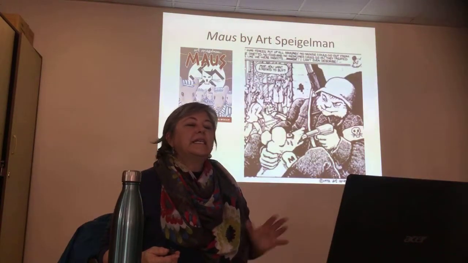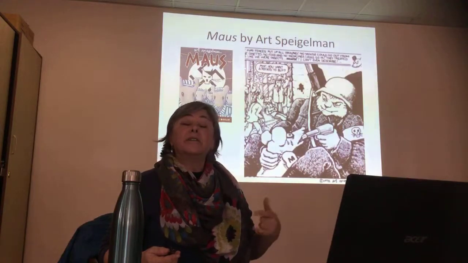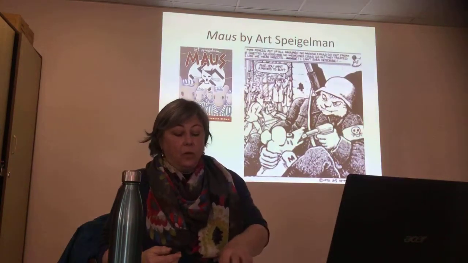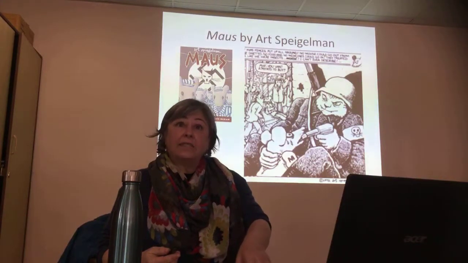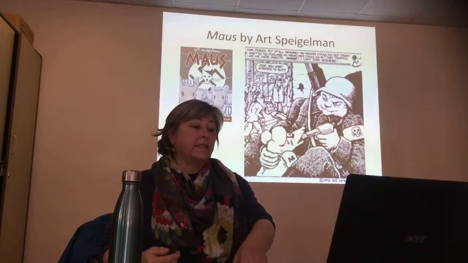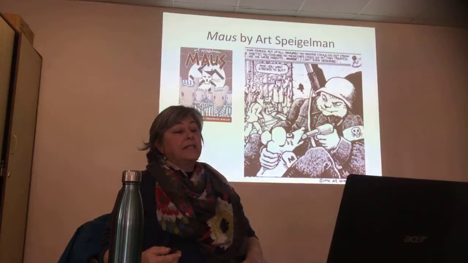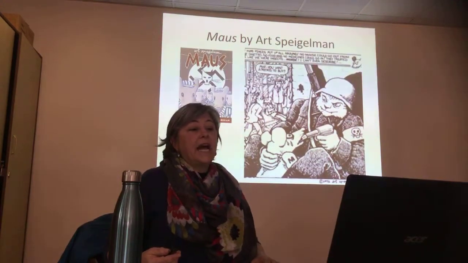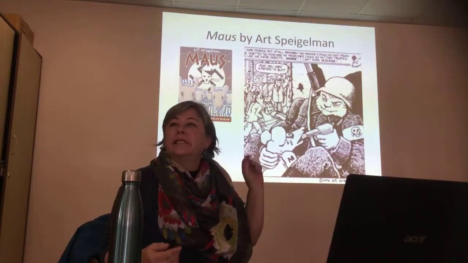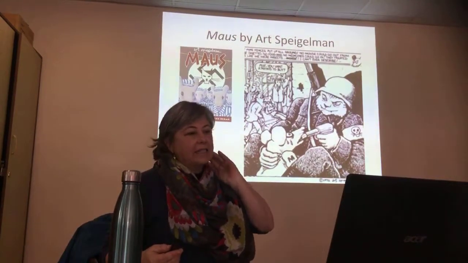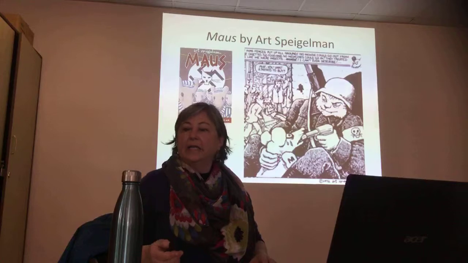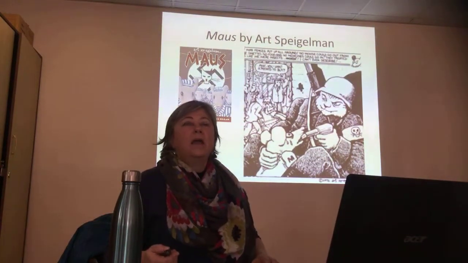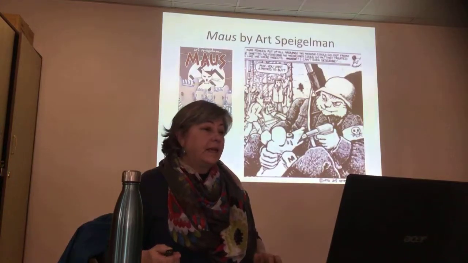In it, he tells his father's story of the World War II Holocaust and being in a concentration camp. It's very gritty, it's very violent, it's very intense, but he does it by representing the Nazis as cats and the Jews as mice. So there's an imaginative element to a memoir, basically.